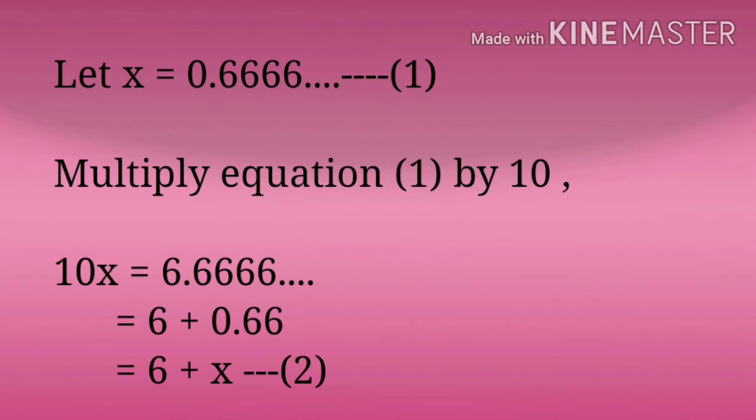Now one more example. 0.211, etc. Just note it down: 0.211, etc., which is also a non-terminating recurring decimal expansion.